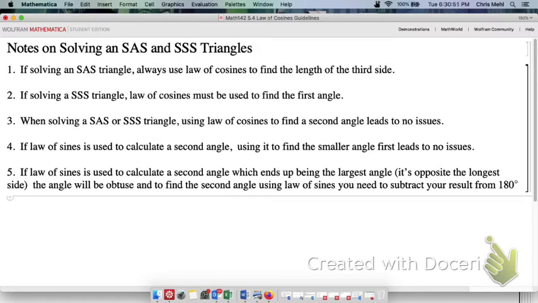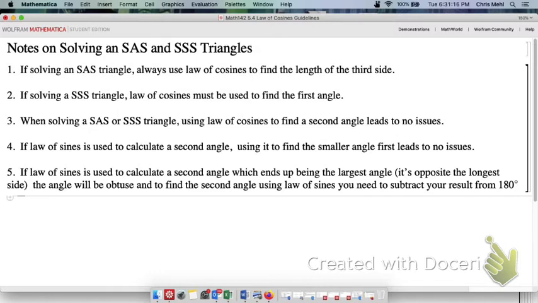Number 3, when solving a side-angle-side or side-side-side triangle, you can use law of cosines to find a second angle, which will lead to no issues. But again, you can always just use law of sines to find your second angle once you know a first.